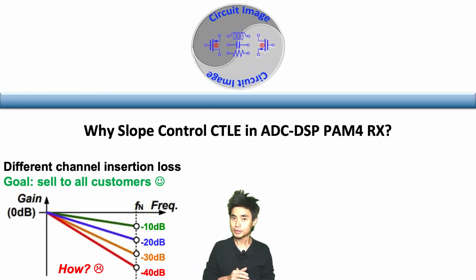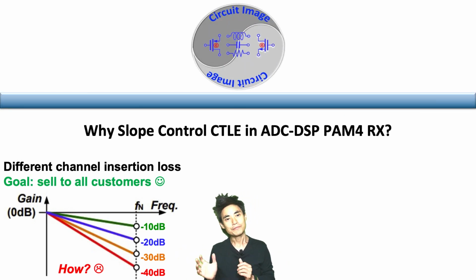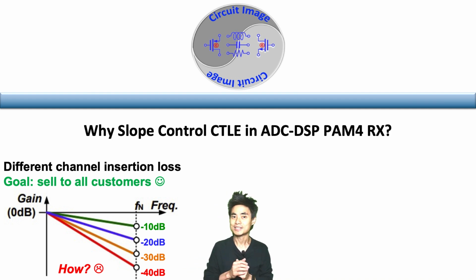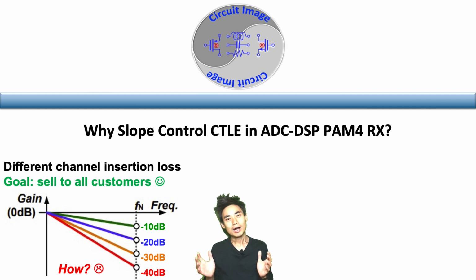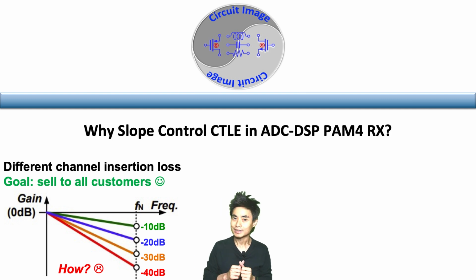For the commercial return, we may invest in the ADC-DSP PAM4 receiver, and we can sell our PAM4 service to all potential customers. However, our architecture or top-level specification is very critical to meet our target.